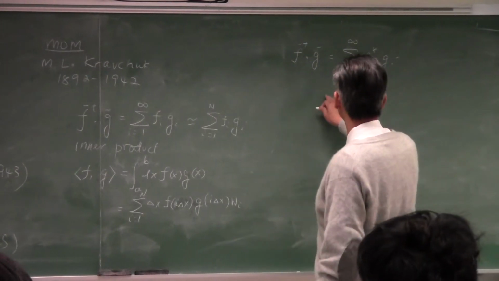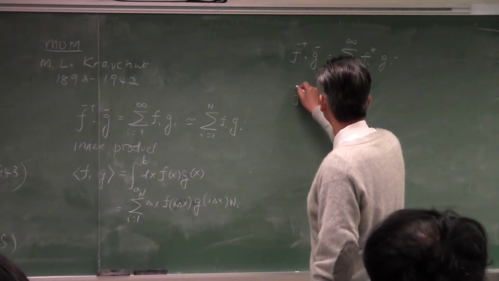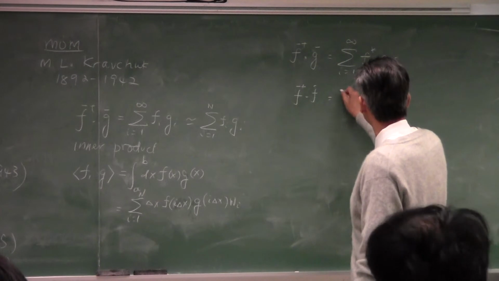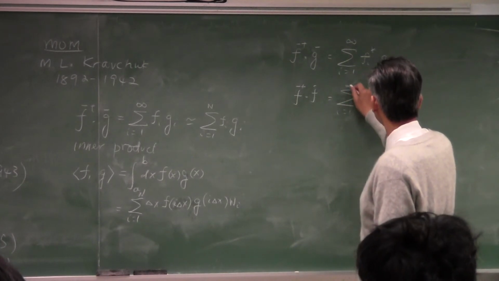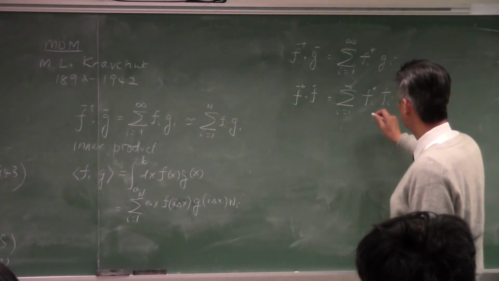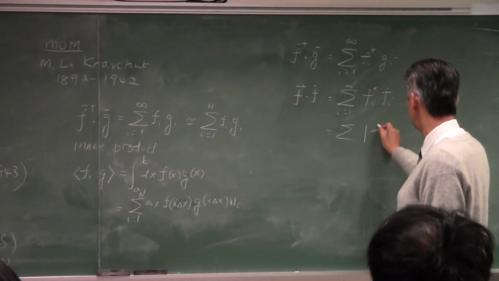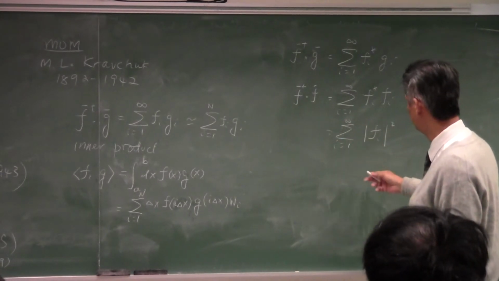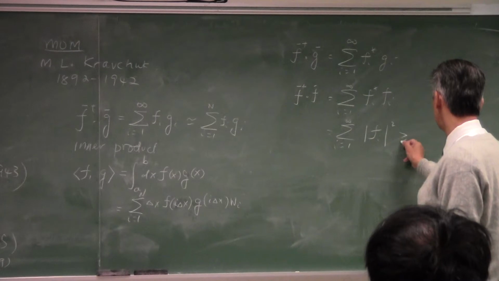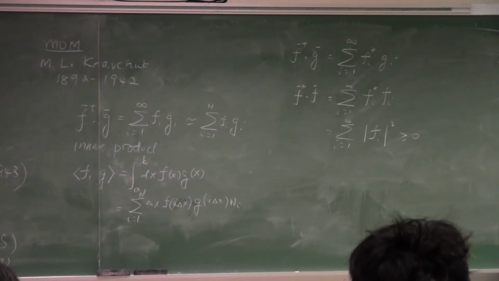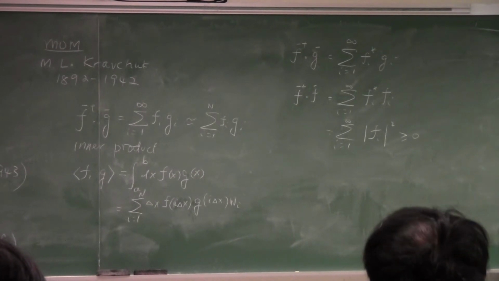If these are complex vectors, then if you define something with complex conjugation, what you get is always a positive definite number. And if you have a convergent sum, this is always larger than or equal to 0. So you can use this kind of inner product to define the length of a vector.